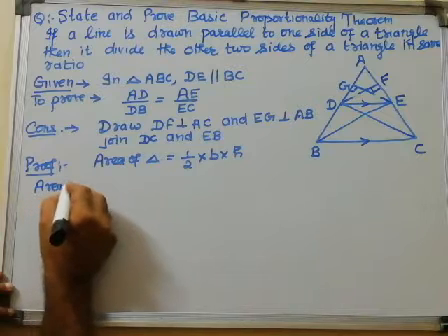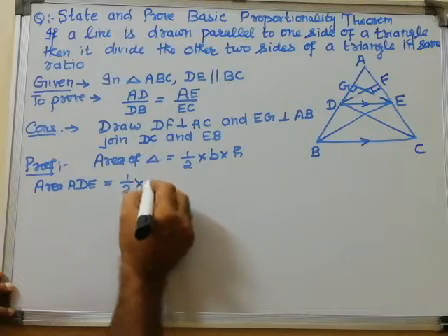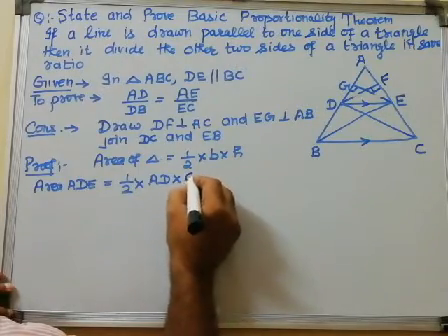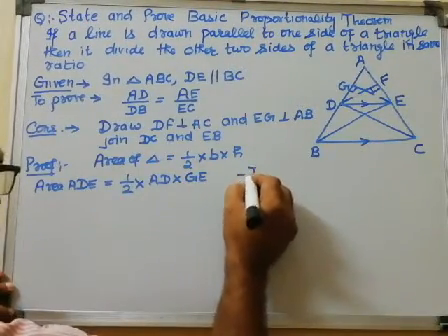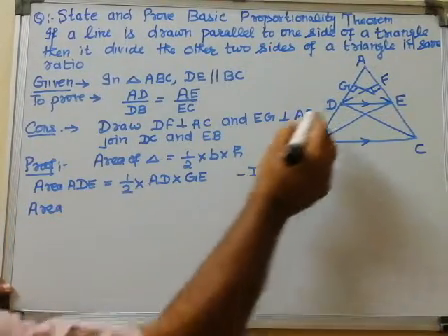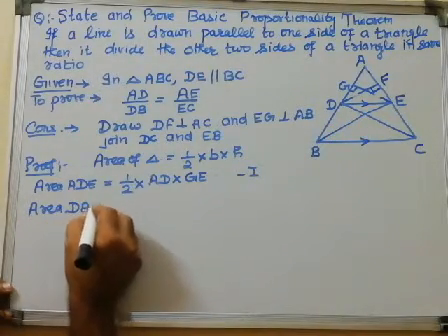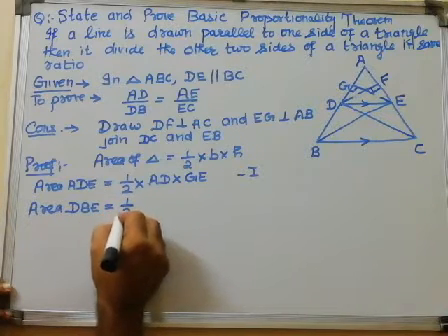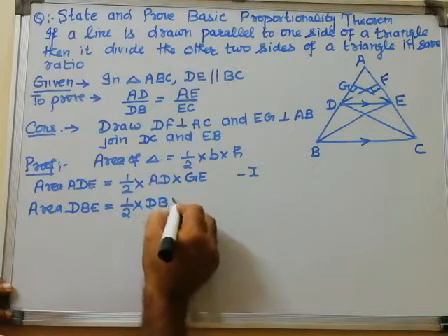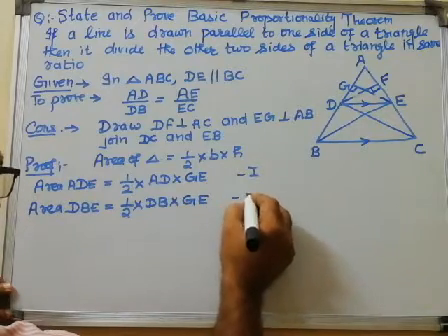Area ADE, half of base is AD and height is GE. Consider this as first. Again, take area DBE. You have to take base DB. This is also half of base DB and height is again GE.